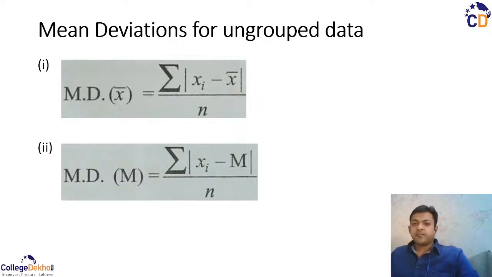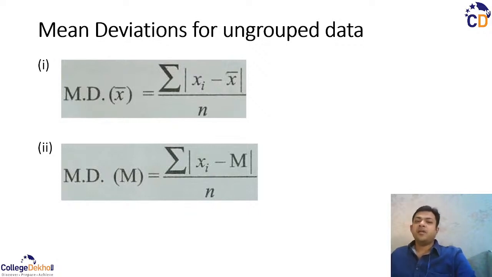So let us take the formula for mean deviation about mean and the formula for mean deviation about the median. Assuming that the mean is represented by x bar, the formula for mean deviation would be summation, represented by sigma, modulus of xi minus mean, the entire summation divided by the number of observations.